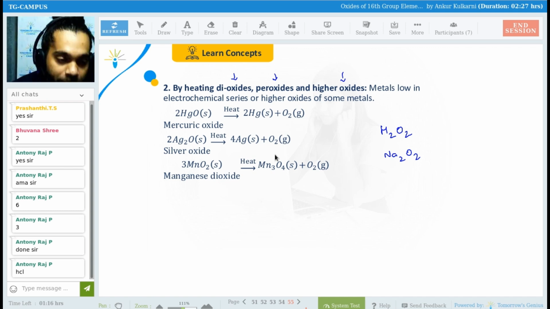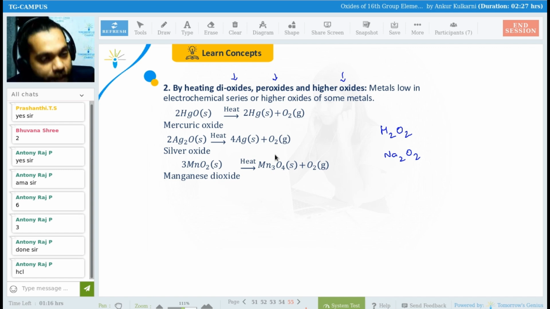Can anyone tell me? What do we mean by peroxide linkage?